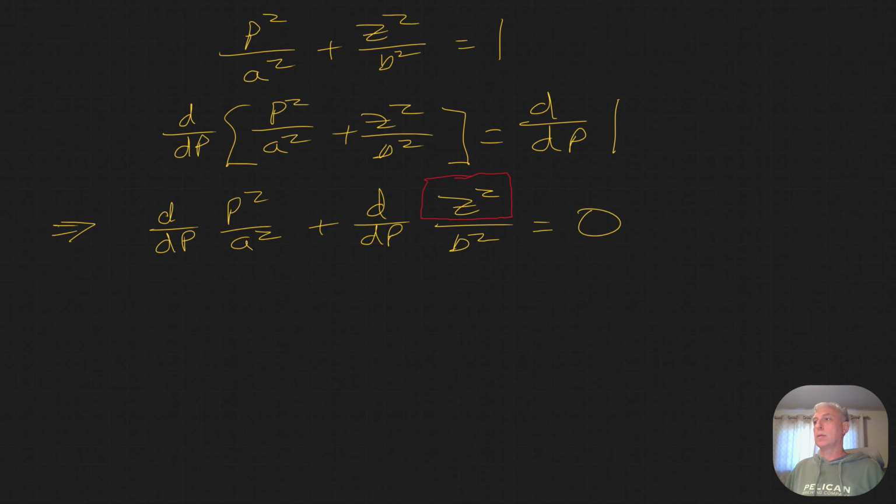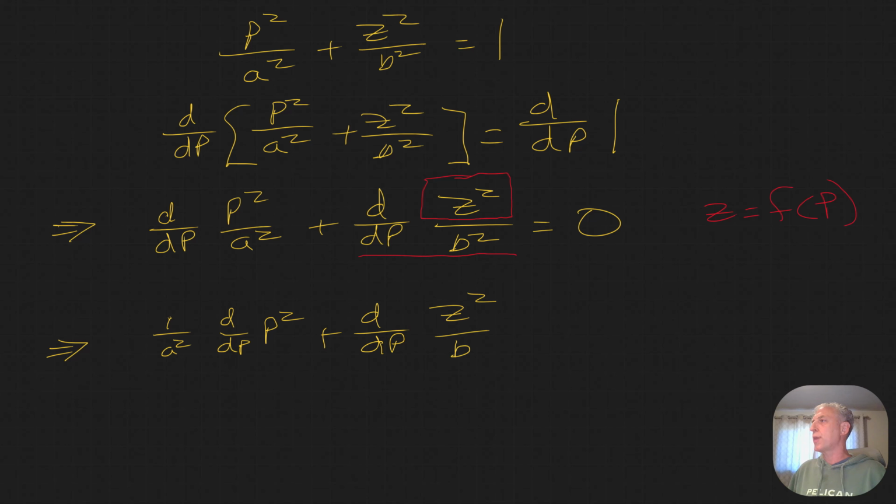Let's do the next step. We just use the power rule, right? That would be 1 over a squared times d/dp of p squared, plus d/dp of z squared over b squared.